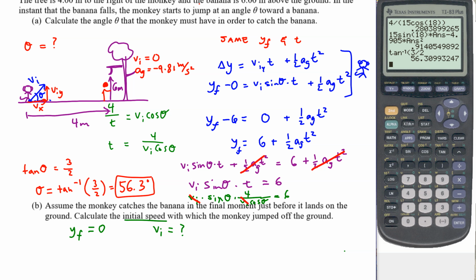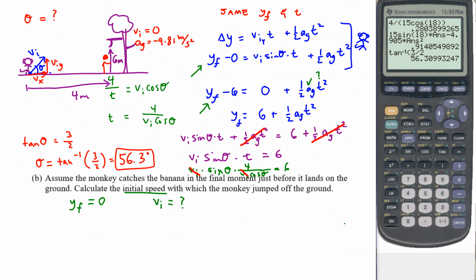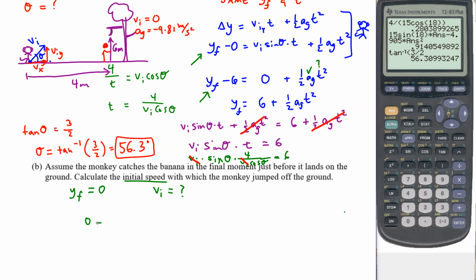All right, where's the first place we see y final? Here's one spot. We have vi, theta, and t. Let's look down to the next equation. If I make this 0, my only unknown is time, because I know this is negative 9.81. So let's start with that equation. Y final is now 0 minus 6. Well, hang on. Negative 9.81 times a half is 4.905. So 0 minus 6 is just negative 6.